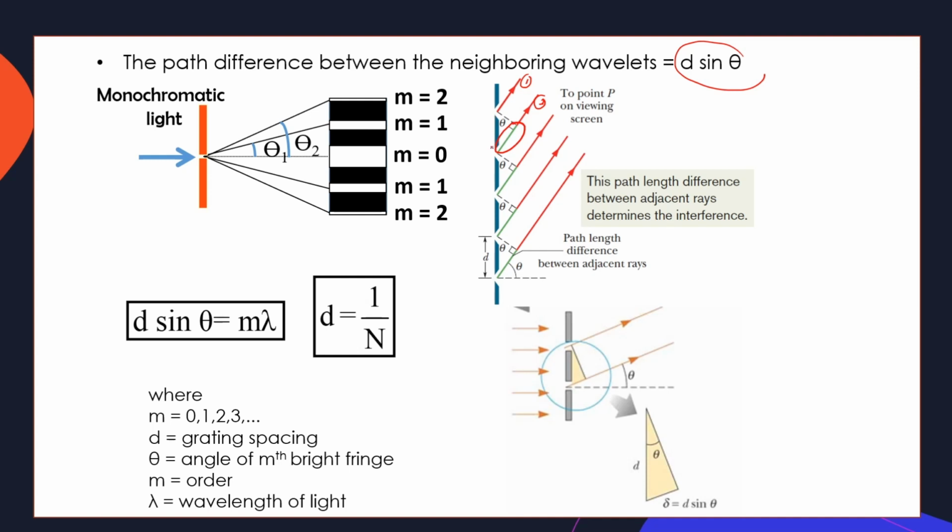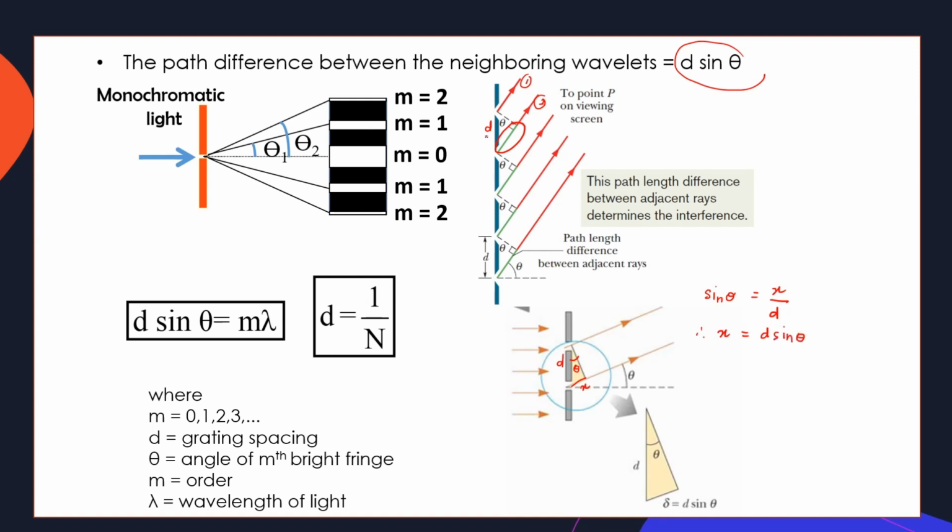Let's say here is d, and this is the path difference x, and this is the angle theta. So we write sine theta is equal to x over d. Therefore, the path difference x is equal to d sine theta.